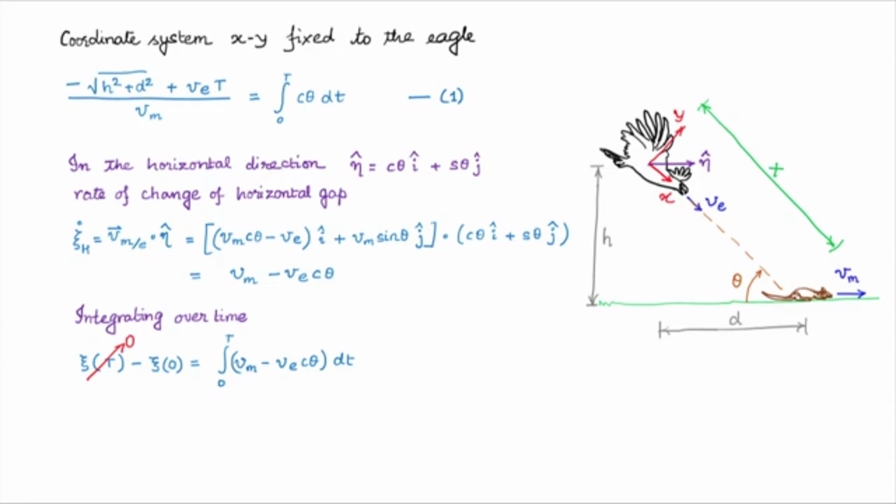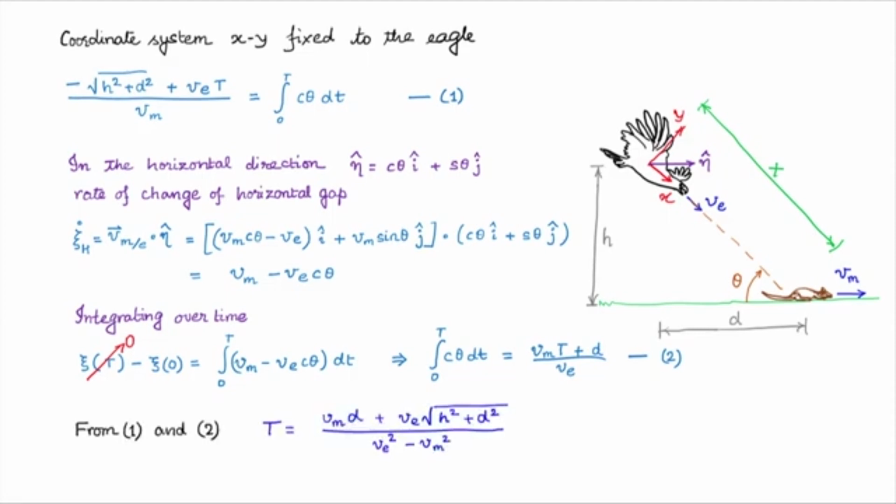V m is a constant, V e is a constant, therefore those things will come out of the integration. The only thing that I am left with is the integral of cosine theta dt from 0 to T. Now, you compare equations 1 and 2, you have this integral sitting on one side in both, therefore they must be equal, and from there I can solve for the time to catch the mouse.